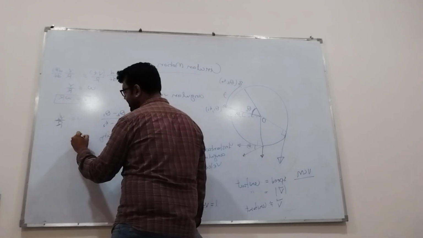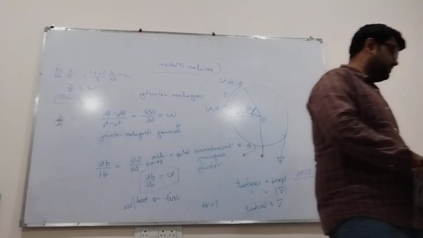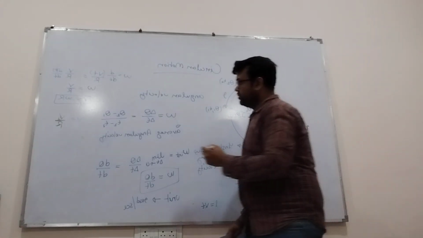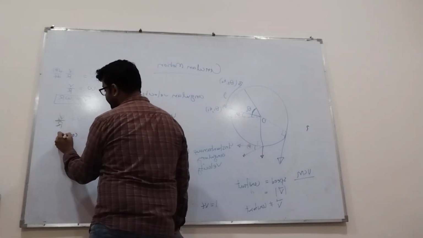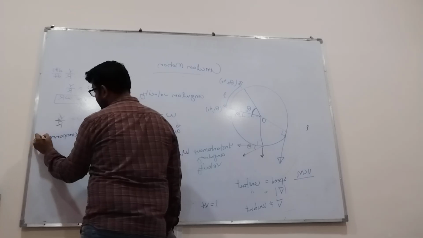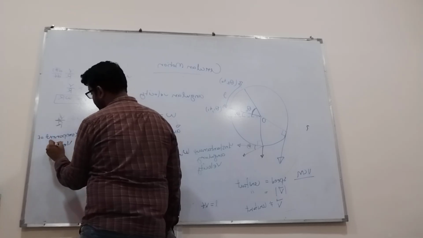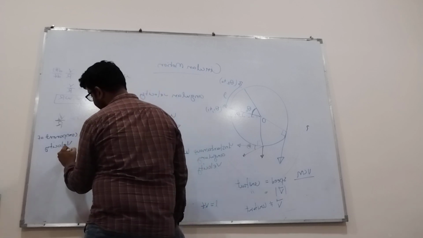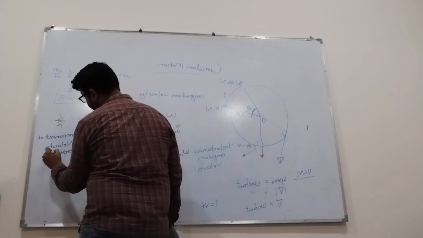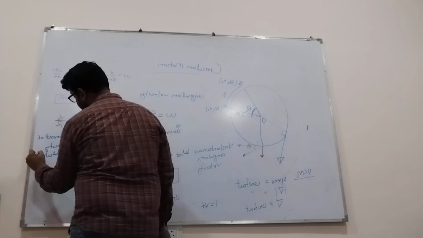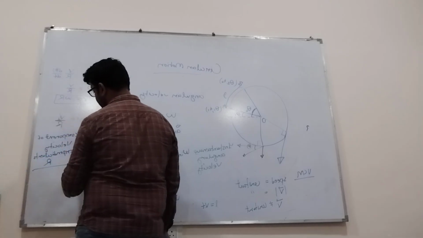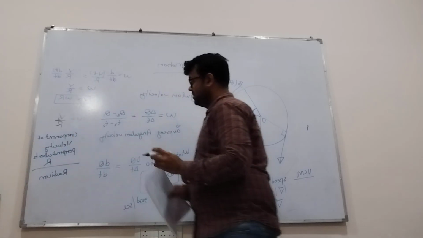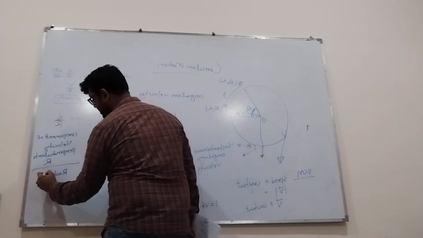I also write it in terms of words: component of velocity perpendicular to R, divided by the radius.